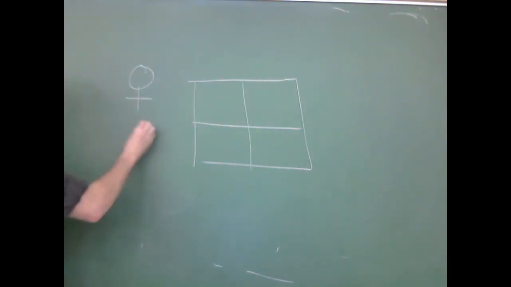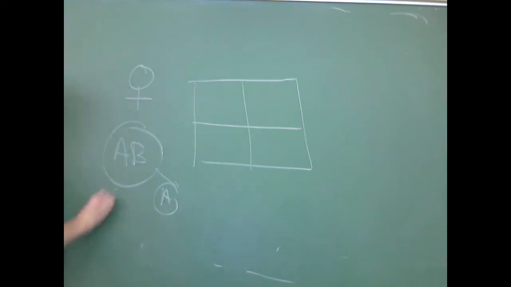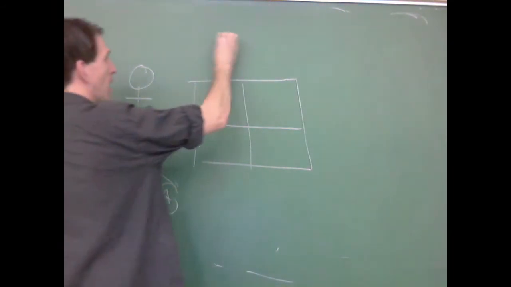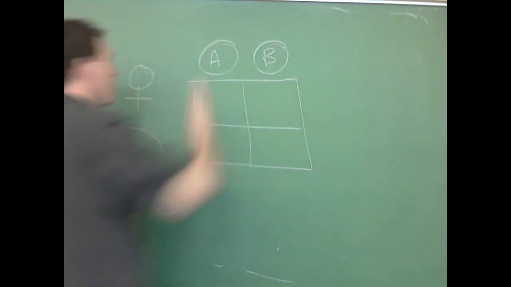So, for example, if we said a female had, say, type AB blood, she should form an egg with an A allele in it and a B allele in the other egg, right? Statistically speaking, one half of her eggs would have an A allele, and one half of her eggs would have a B allele.